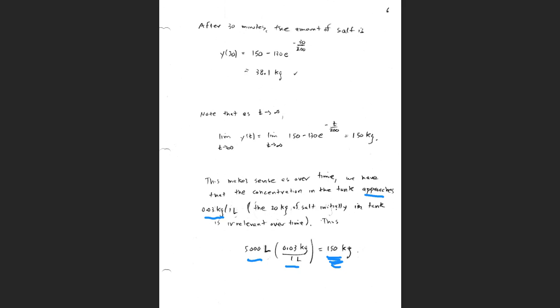I'm just trying to think of an analogy that students are familiar with. The point is that over time, because you're pumping this briny solution into the tank continuously, and the concentration of salt is 0.03 kilograms per liter, eventually the tank is going to take on that characteristic, and the concentration of salt in the tank will be 0.03 kilograms per liter.